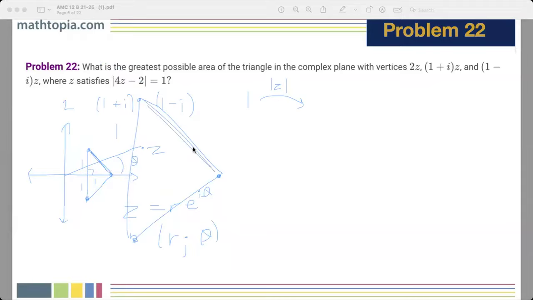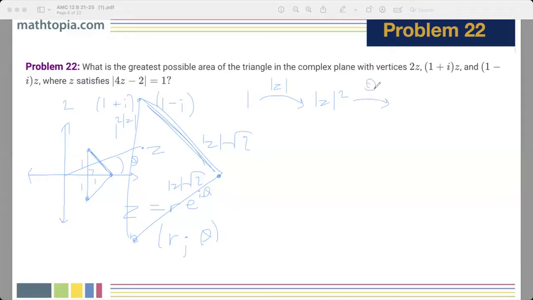Now they become absolute value of z times the square root of 2, absolute value of z times the square root of 2, and 2 times the absolute value of z. And so the area of the triangle, as you know, if you have a scale factor k being multiplied by a 2D shape, then its area is going to be multiplied by k squared. So therefore, if the area of the original triangle is 1, it's going to end up being the absolute value of z squared. That's going to be the new area.